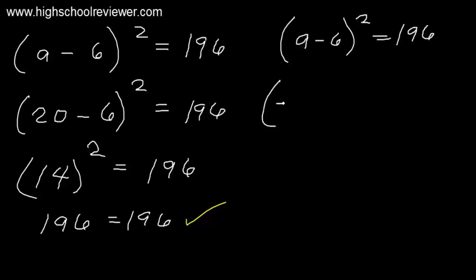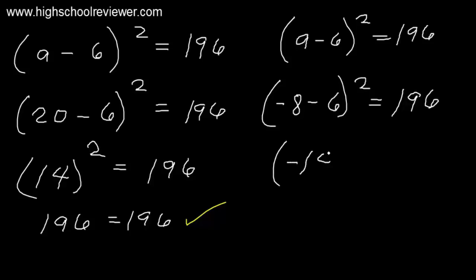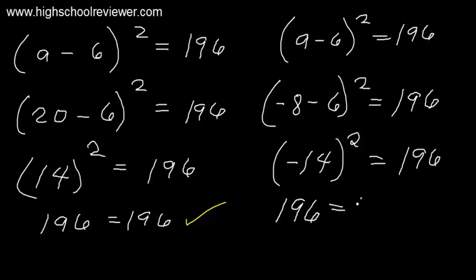So our a here will be negative 8 minus 6 raised to the power of 2 equals 196. Now negative 8 minus 6, that is negative 14 raised to the power of 2, 196. So negative 14 raised to the power of 2 will be equal to 196. So again, the value for a, which is negative 8, is also correct.